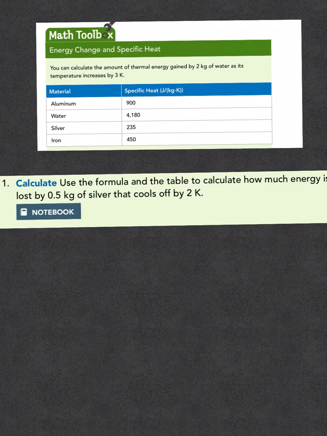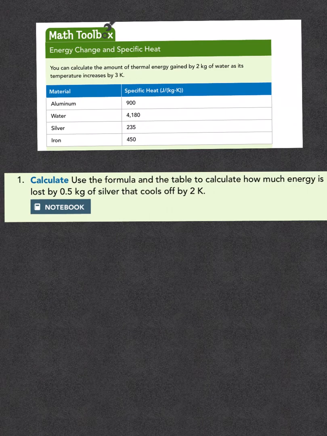So another example. We're going to complete another example, because I want to make sure that you know how to do this. So I'm going to start with my list. It says over here, use the formula on the table to calculate how much energy is lost. See, this is when this is getting interesting.